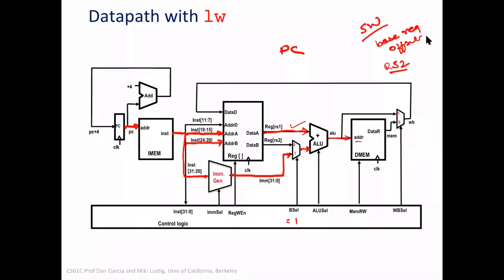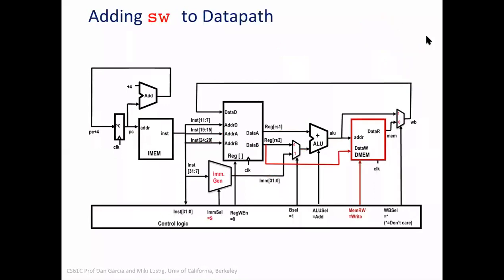Now where do we get the data? Data is available here. This is the data that we want to write to memory, and now we need to add something more. Right now there's no path from here to memory, so we need to add an additional path here. This is what is shown here. So we add this one and take it to data memory.